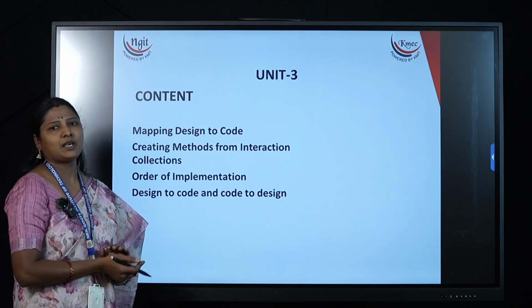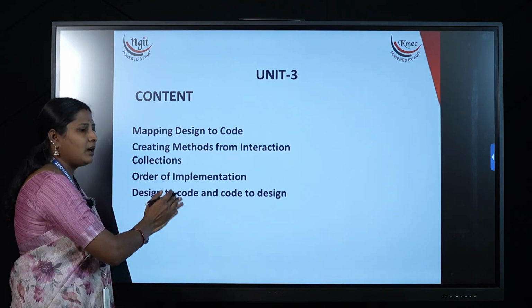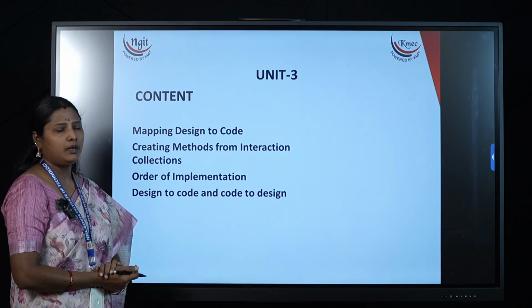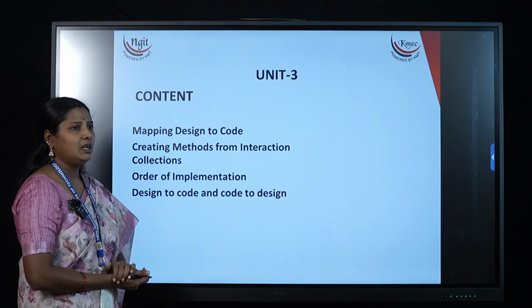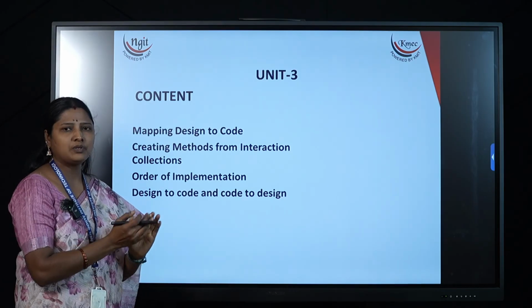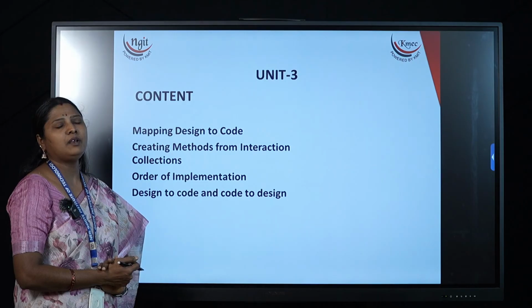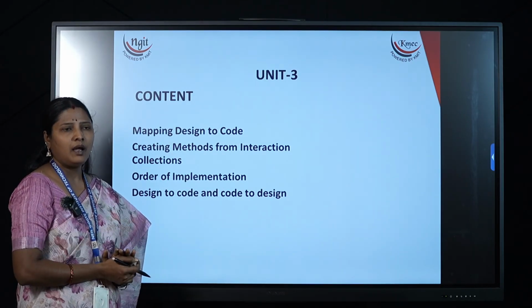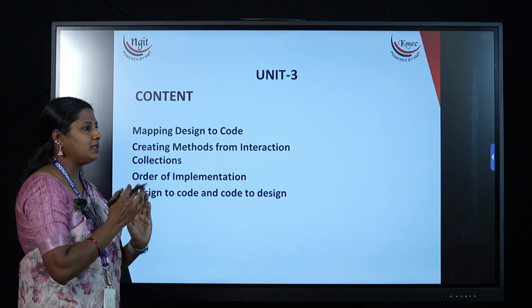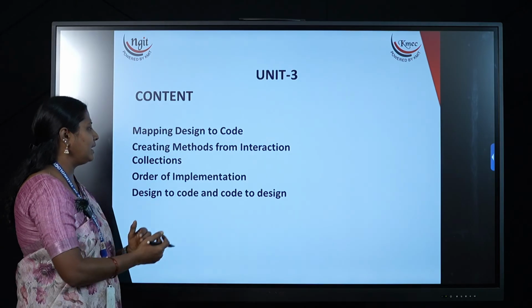And when you talk about the structural diagrams, with the help of structural diagrams, we can convert the design into the code, and at the same time create the methods for interactions. So here we need to follow a procedure whenever you are going to convert the model into the code. Initially we need to identify which model we are going to convert into the code, what the major elements in that model are, and among those elements what the order is.